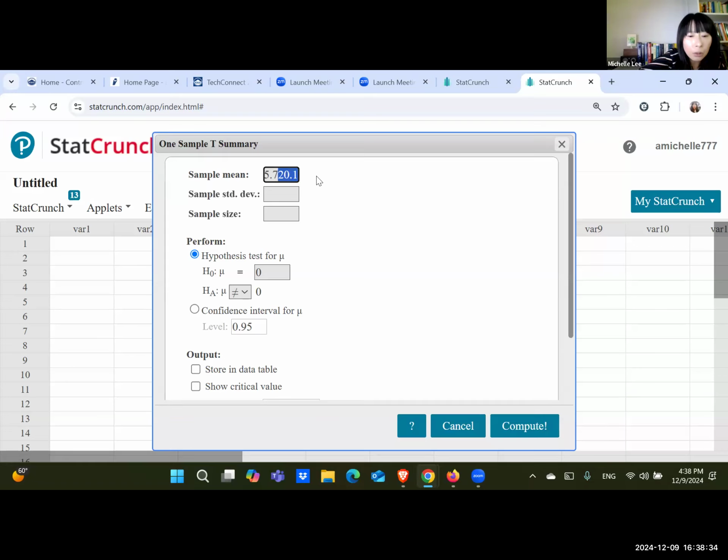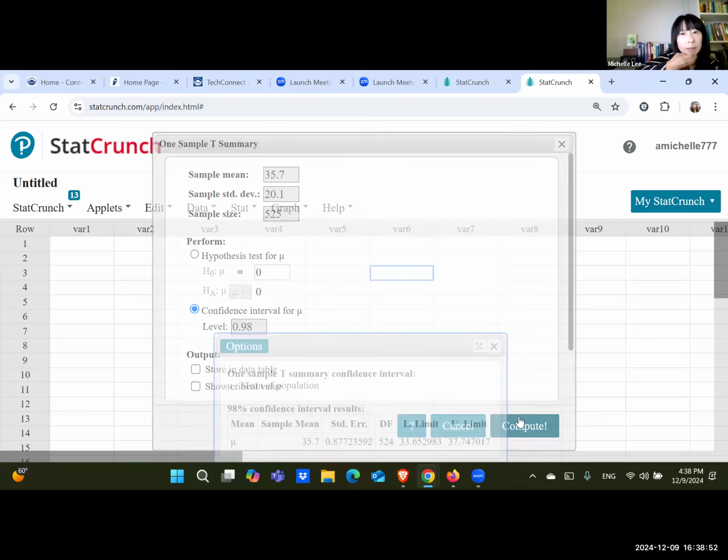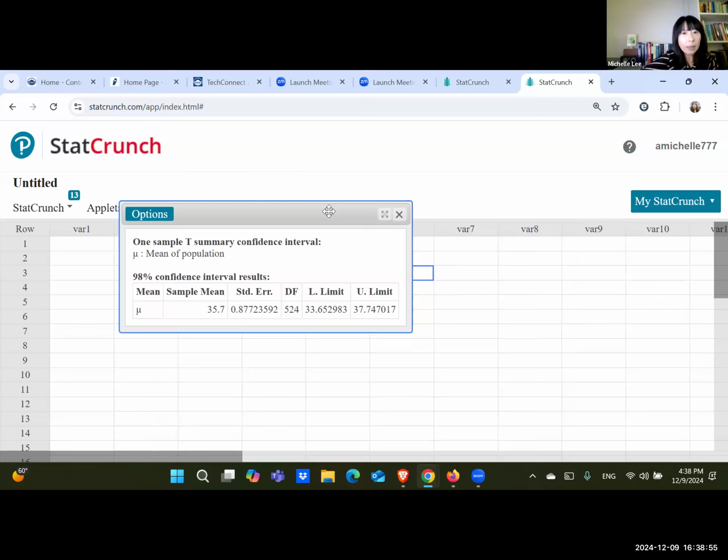And then sample size is 525. And then confidence interval with 98% level of confidence. Okay, so there will be lower bound, upper bound, right? Okay. One decimal, please.